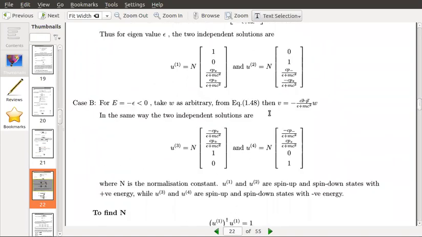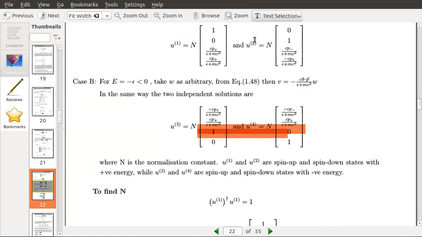These two correspond to the positive energy cases, and these two correspond to the negative energy cases, because E equal to minus epsilon. The last two expressions are for negative energy, that is E equal to minus epsilon.